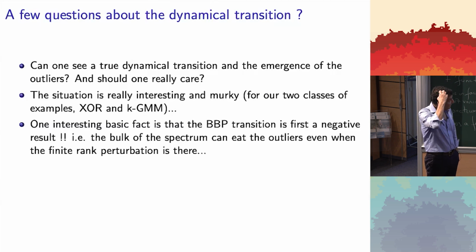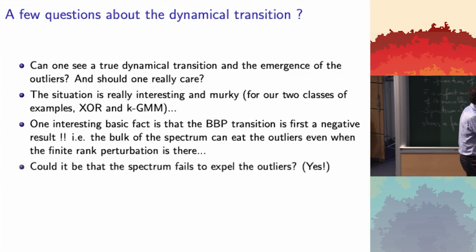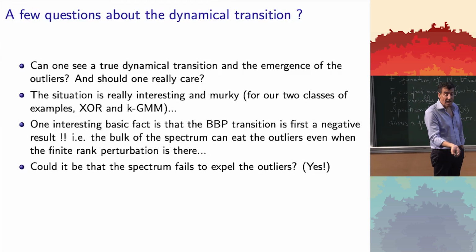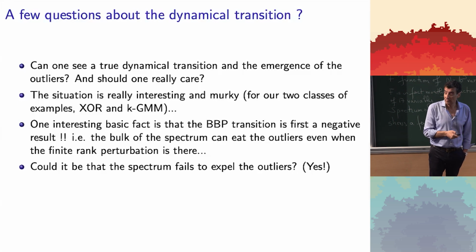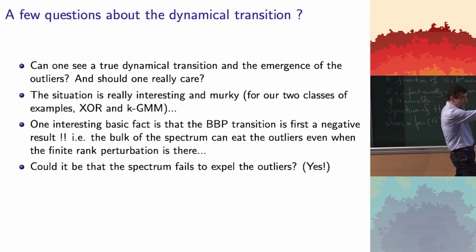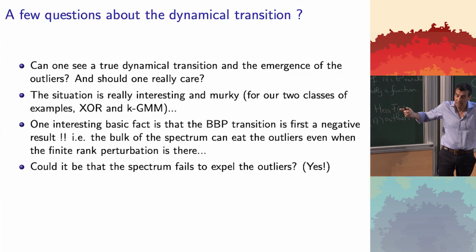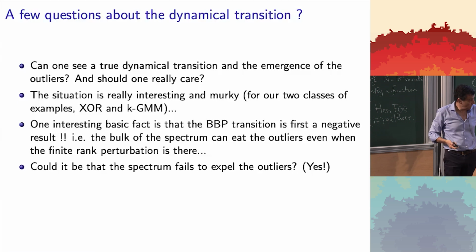One interesting basic fact about the BBP, as I said, this is negative. So can it be that the spectrum fails to expel the outliers, even though they are there? Yes. As I explained here, it's first negative. It can be that you have a signal and you have no outliers, like in this example.